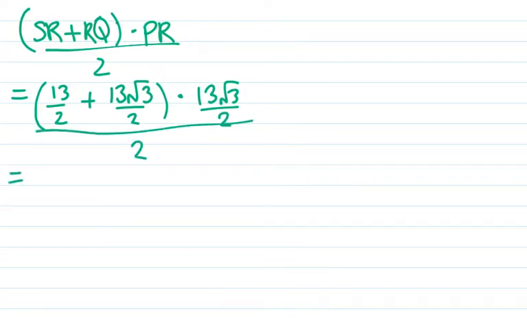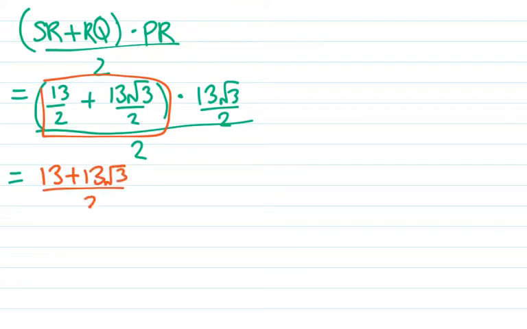So I'm going to add these two in the bracket here. And since they already have the same denominator, I can just add them together. 13 plus 13 root 3 divided by 2 times 13 root 3 over 2. And then divide by 2, I can multiply by the reciprocal. So the reciprocal of 2 is 1/2.